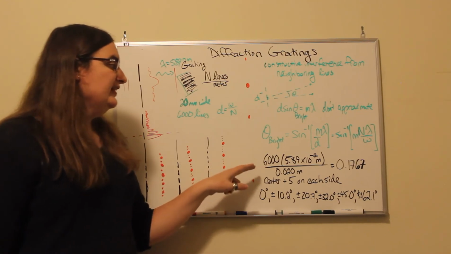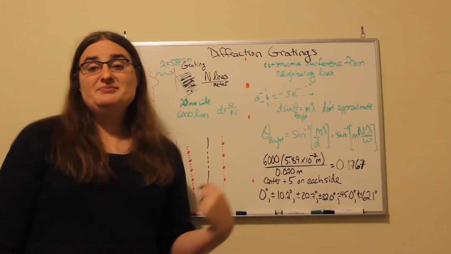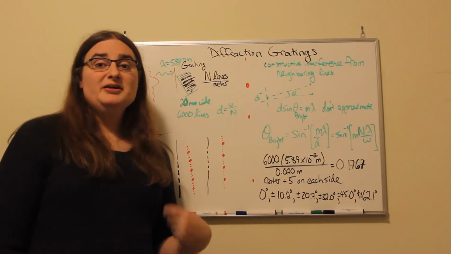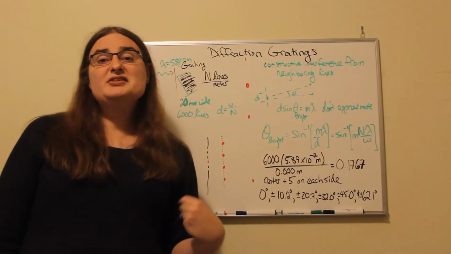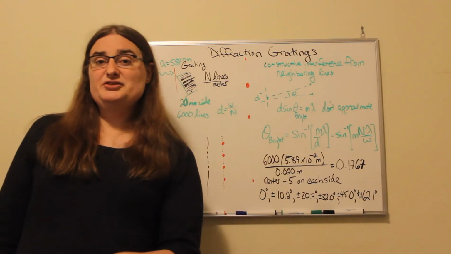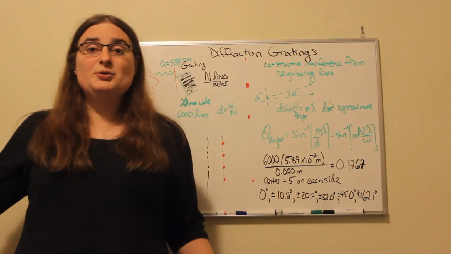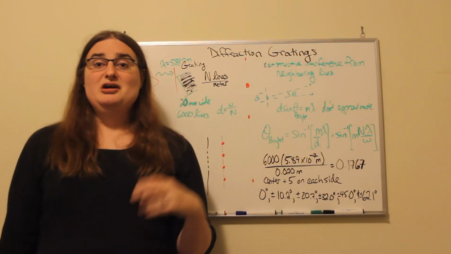So if I take a look at that center piece, 6,000 lines times 5.89 times 10 to the minus 7 meters divided by a width of 20 millimeters, which is 0.02 meters, gives me a value of 0.1767. And 1 over 0.1767 gives me 5 point... I don't care about the decimal place, because this is a truncation situation, right?